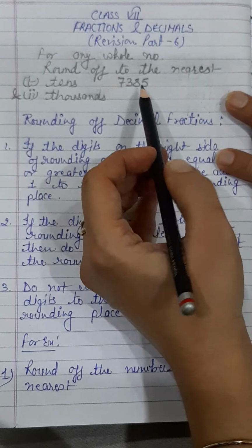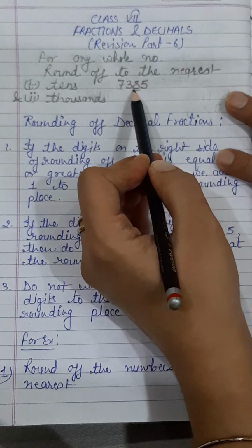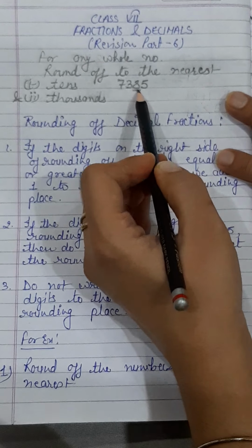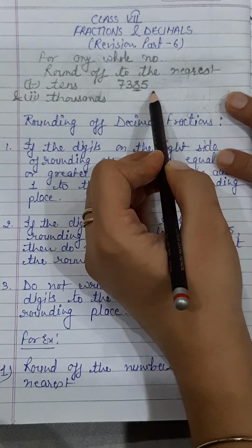You have to round off to the nearest tens, and its tens place is 8. So you have to check the number on the right-hand side of this 8.